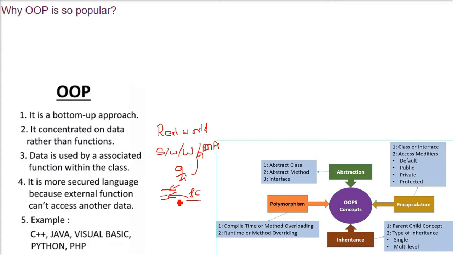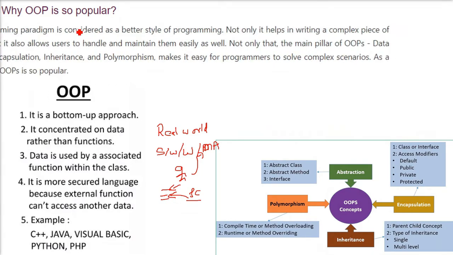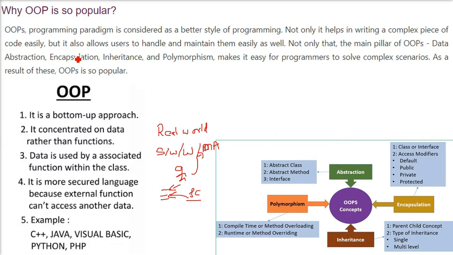So this real world scenario can only be implemented when you have the underlying constructs and concepts in a programming language, and that is possible in the object-oriented paradigm. So this OOPS is considered as a good or better style of programming. The advantages are quite high compared to the disadvantages. Not only does it help in writing a complex piece of code quite easily, but it also allows users to handle and maintain them easily as well.